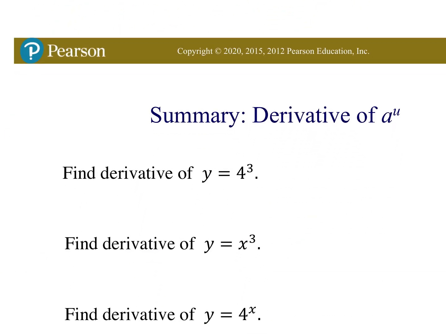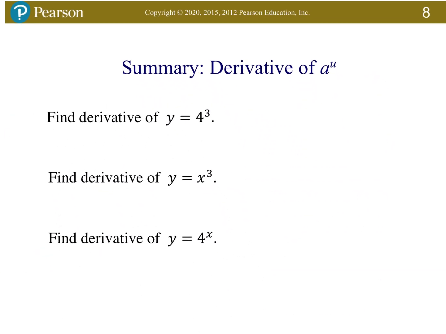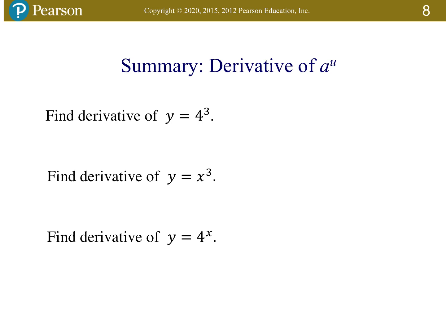All right, so let's summarize what we've been talking about. Y equals 4 to the 3, 4 to the third. What kind of rule will I need for that one? No. You can't use the power rule unless you have an x variable in it.